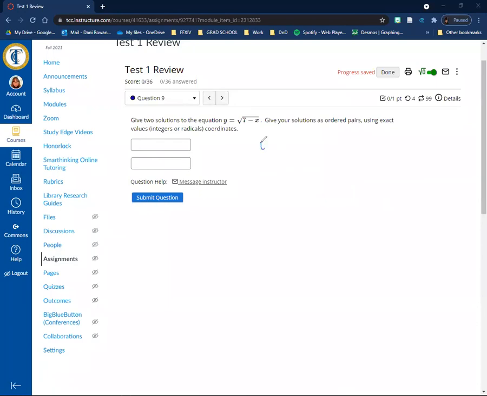Okay, so we have y equals the square root of 7 minus x, and I want to know the domain of this function. Again, a square root cannot be negative. What it can be is 0 or any positive number. So what's our first step?